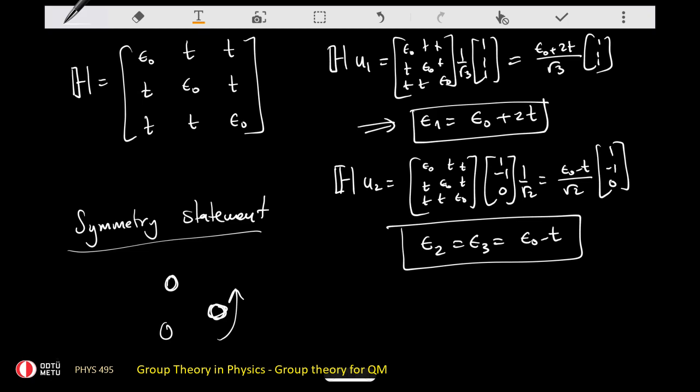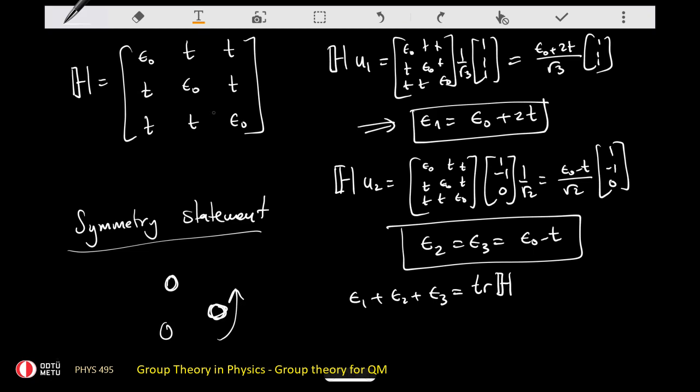But let me just say one more thing in here. The sum of the eigenvalues, epsilon 1 plus epsilon 2 plus epsilon 3, is also equal to the trace of the Hamiltonian, because the trace of a matrix is always equal to the sum of the eigenvalues.